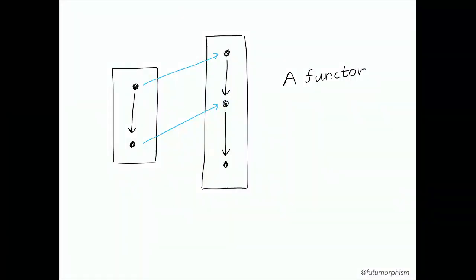So let's look at what functors look like, kind of in general. So if these are two categories, these blue arrows could define a functor if we map the objects to the right side and the morphism on the left to the morphism on the right. This one can also be a functor. It maps both objects to the same object, and the morphism is mapped to the identity of that object. This one could also be a functor. It maps the morphism to the composite on the right.